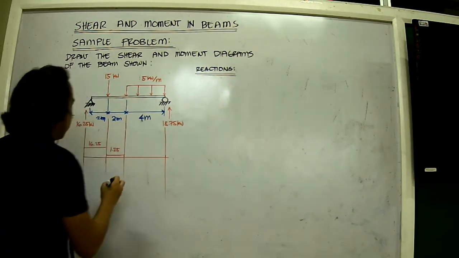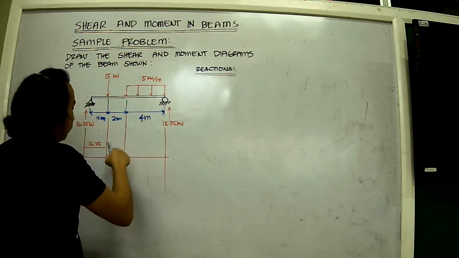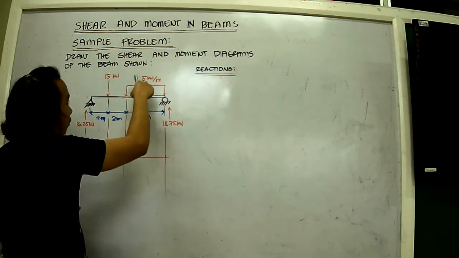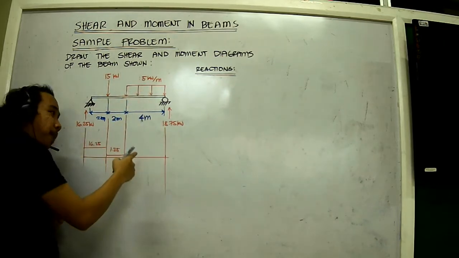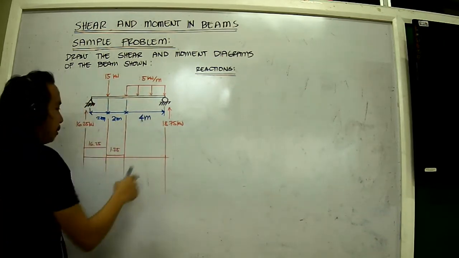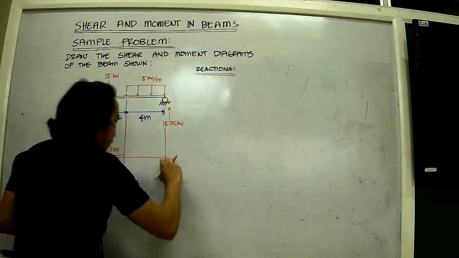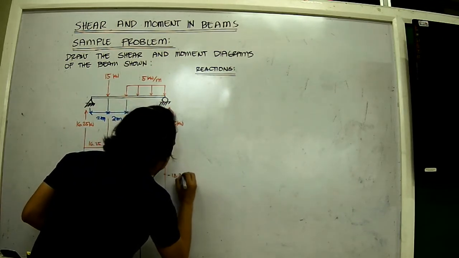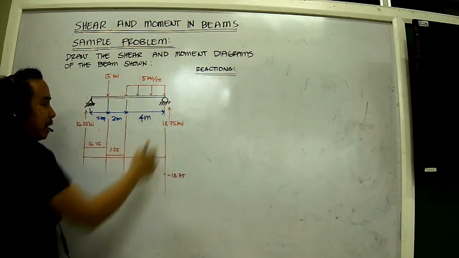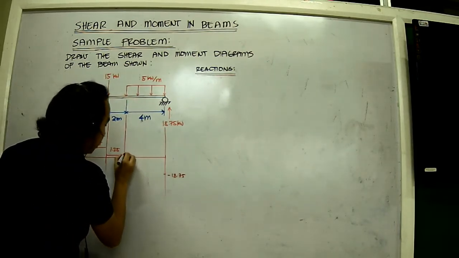There's no action here either, so it runs across. Then minus 5 times 4, that is 20, so that should be equal to 18.75. Consequently, it goes up here, so it closes, giving us this diagram.